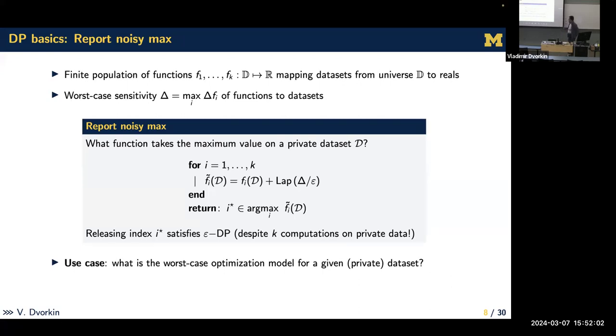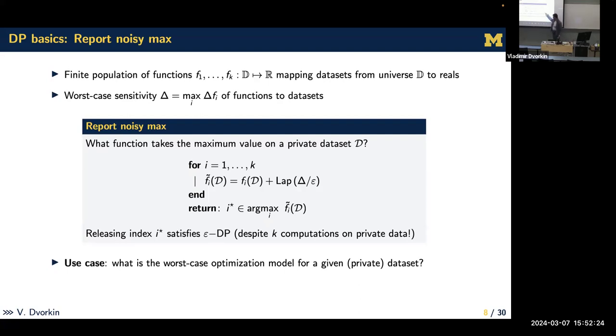Think of a population of functions, and think of a worst case sensitivity for these functions. Report noisy max is a discrete version of the exponential mechanism that helps us answer the following kind of question: what function takes the maximum value on a private data set D? We want to get the answer to this question without disclosing data set D.